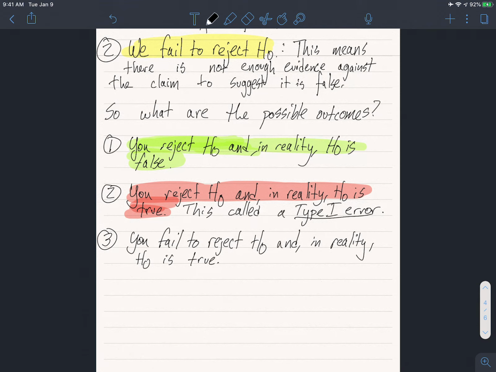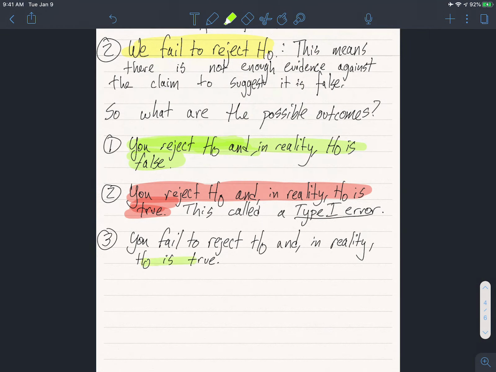So, keep going with the same example. I claim 42% of my students get a B. You go out there, you find it's 41%. You don't have enough evidence against my 42% claim. You only had 41% as your evidence. You don't have enough evidence against me. You end up not rejecting it.